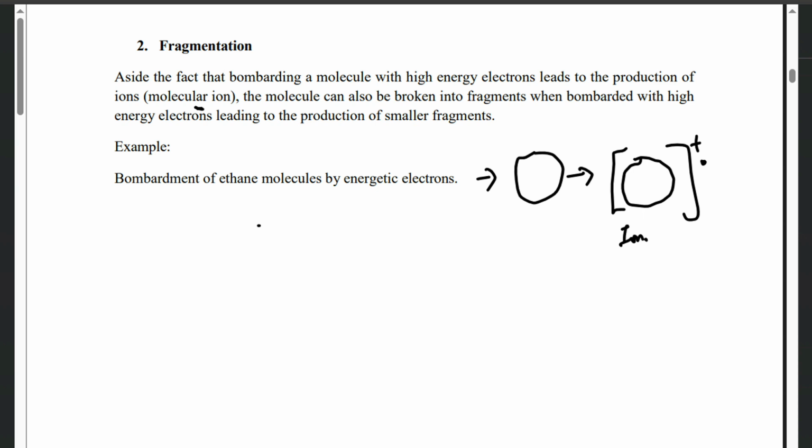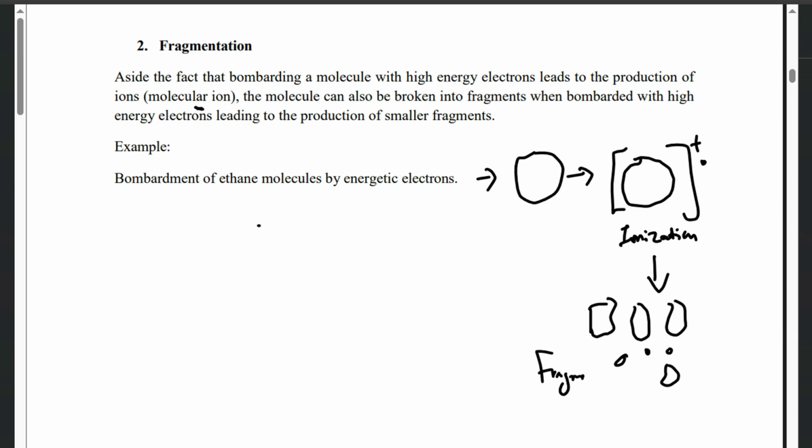After ionization, the next thing we have is fragmentation. The fragments could be of different sizes.